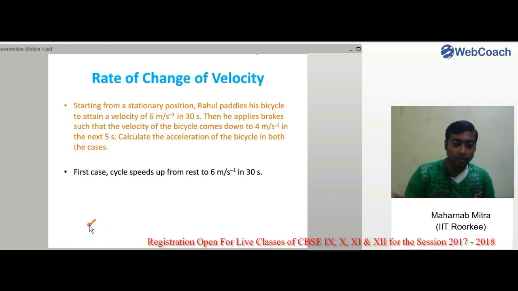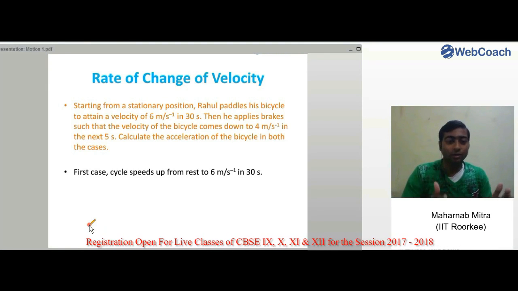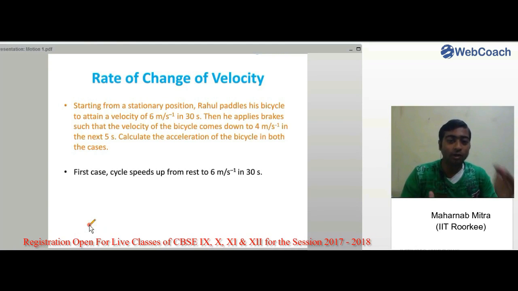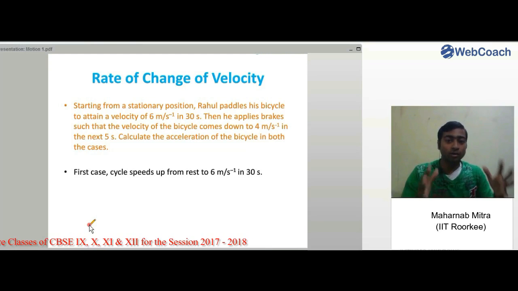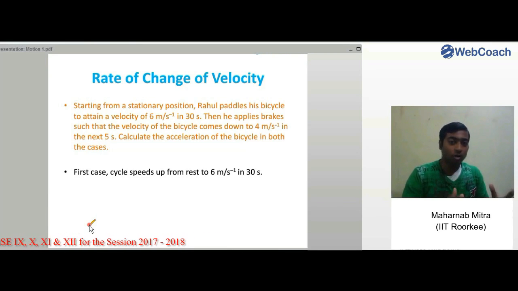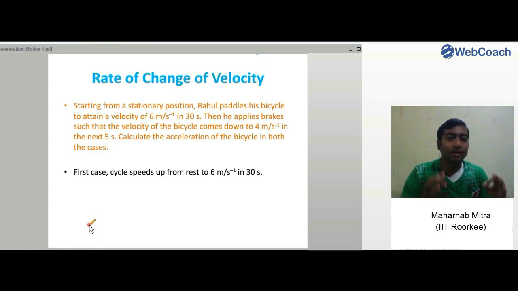For the first case, the cycle speeds up from rest, right? It was stated in the question the cycle started from a stationary position, or it was at a stop. It started from zero velocity or zero speed. At rest means the object is at zero velocity or zero speed.